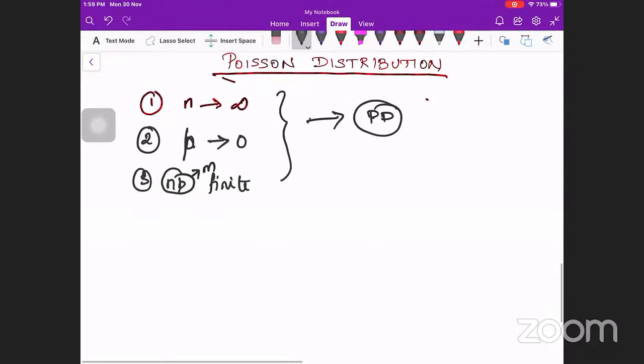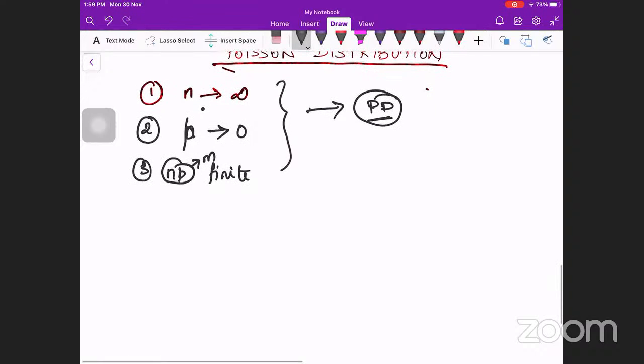So these are the limiting cases of binomial distribution. Poisson distribution is applicable when in a binomial distribution the number of trials is infinite, P tends to zero, and NP is finite. In this case, we have to use Poisson distribution.